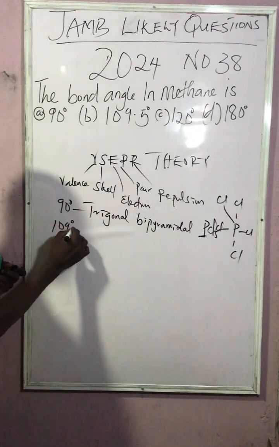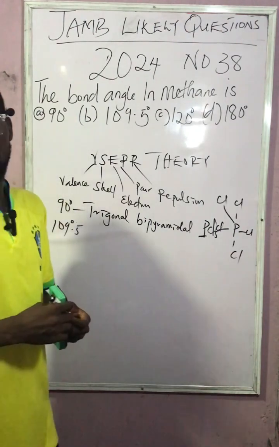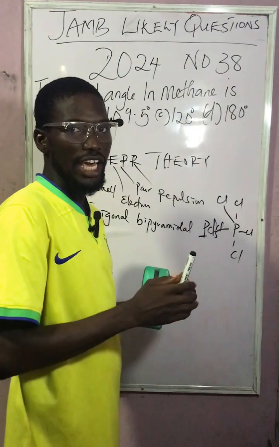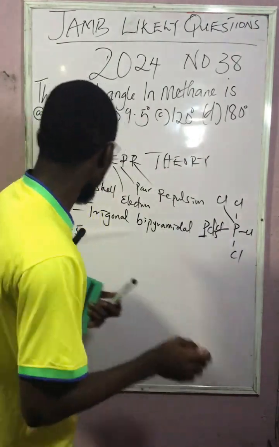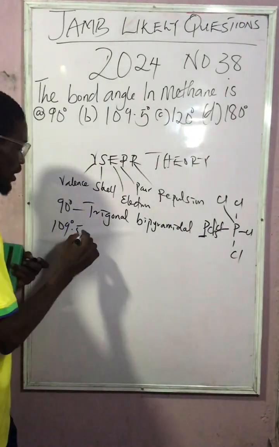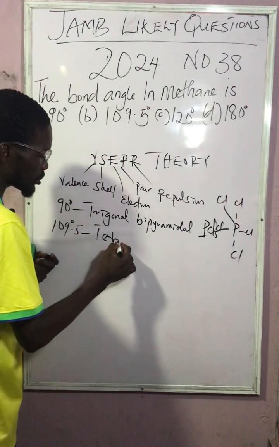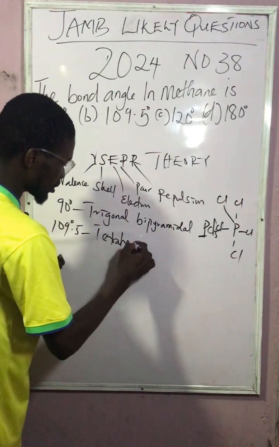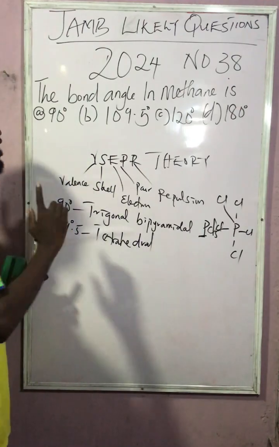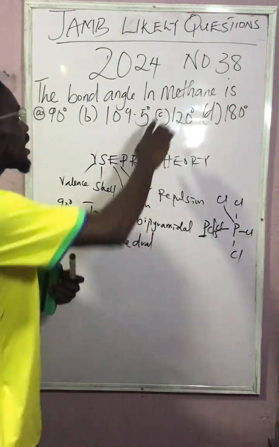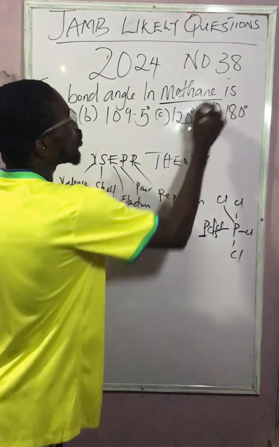So guys, 109.5. Don't forget that we have to make use of each of these bond angles to determine the compound for which they suit. So we have 109.5. This is called tetrahedral. A good example of this tetrahedral is methane, which we are asked to look for the bond angle.